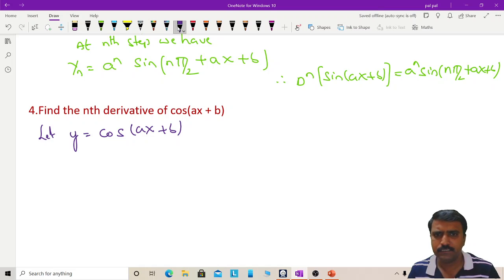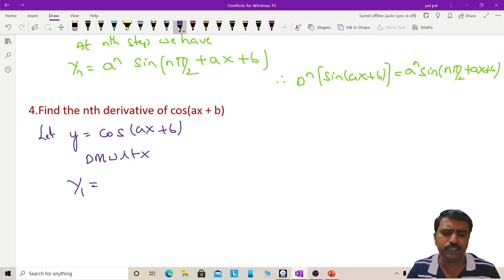Now we take its differentiation first. Differentiate this with respect to x. Differentiation of y is y1. Differentiation of cos theta is minus sin theta. So you write it is minus sin ax plus b into a.